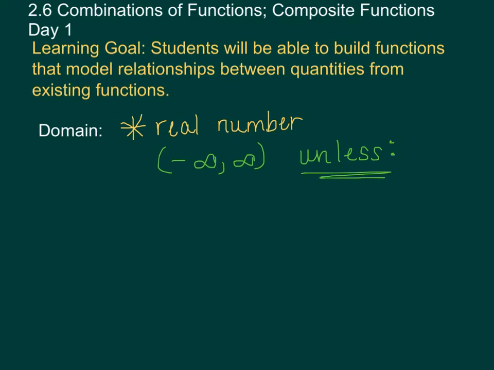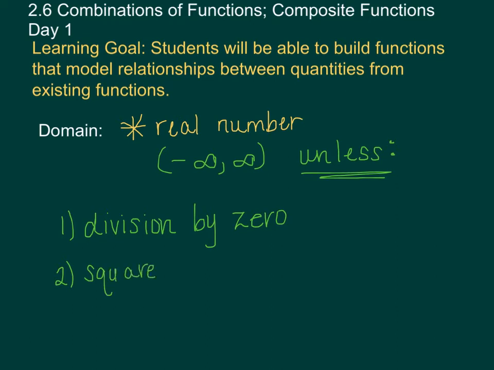These are cases when you will find a function to not be a real number. And those cases are division by 0, or taking the square root, or even an even root, I should say, of a negative number.